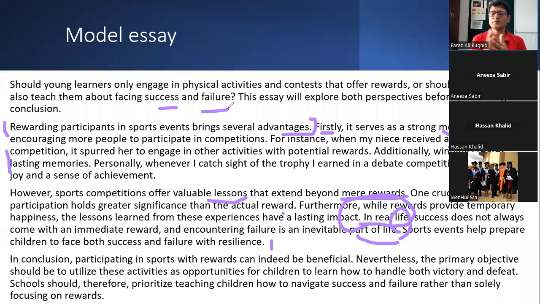So the reason for presenting this model in front of you is that you should understand how structure works, how a template works. Number one, paraphrase. Number two, either give your opinion clearly or at least hint that you will be giving it. Then one main idea, explain, then example, then additional example or additional argument.